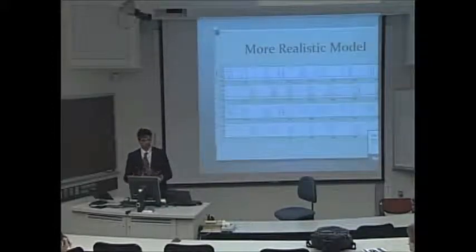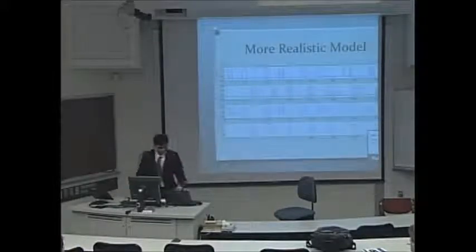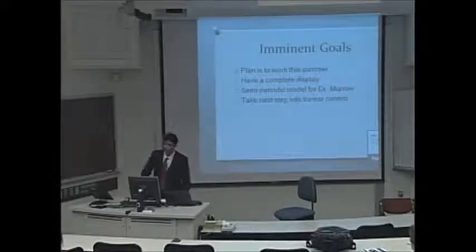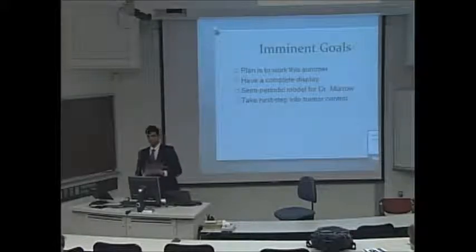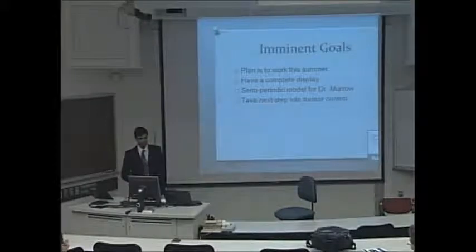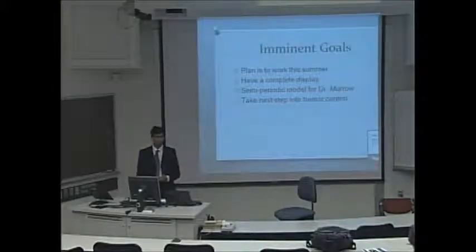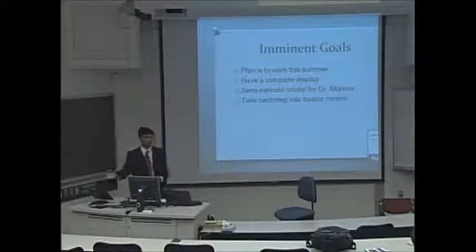So we're really close and kicking into high gear right now. The imminent goal is for me to work over summer on this and take care of those short-term goals. Just have a complete display, a model for Dr. Murr that we can be confident in, so that he can actually teach other people with this model.